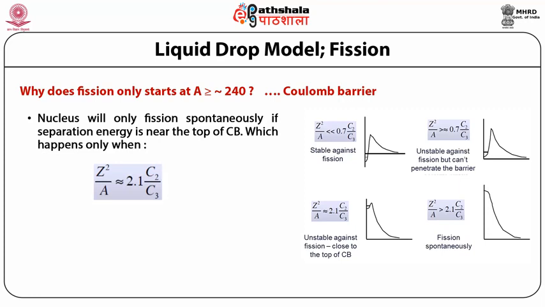Again here we can find a different nature of the curve and the conclusion that it is unstable against fission but can't penetrate the barrier. In the fourth situation, Z square by A is greater than 2.1 C2 by C3. So this is the situation in which fission happens spontaneously.